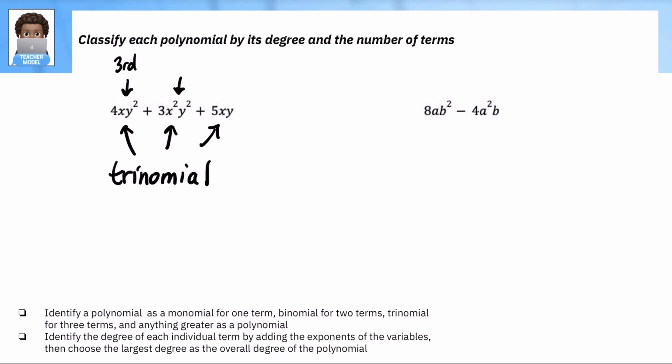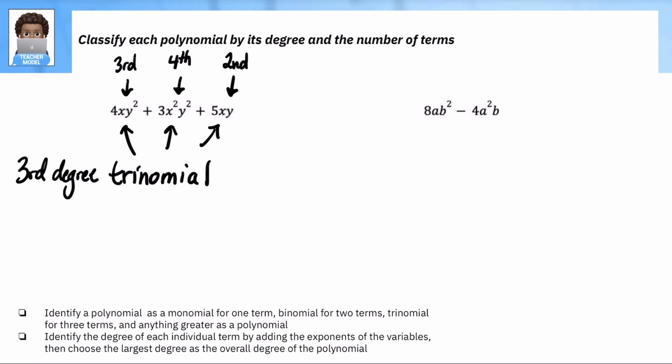Here in the second one, I have x to the second and y to the second, so that would be a fourth degree. And in this last one, it would be a second degree. Again, because it's x to the first and y to the first. So this is a third degree trinomial. Okay, so that's what the first one would be.